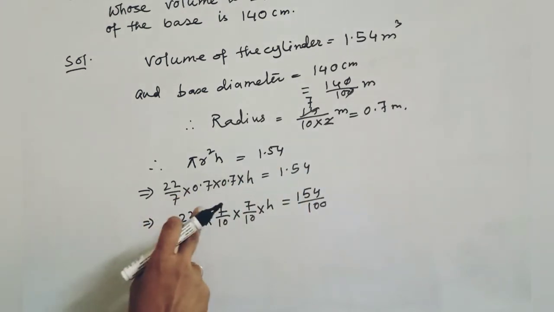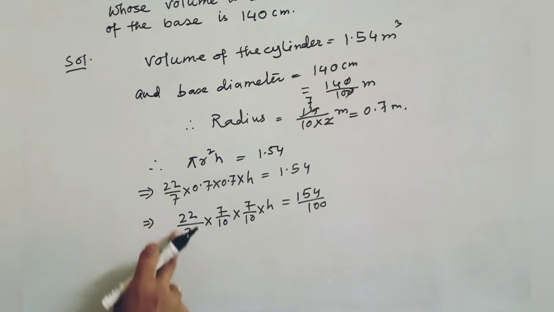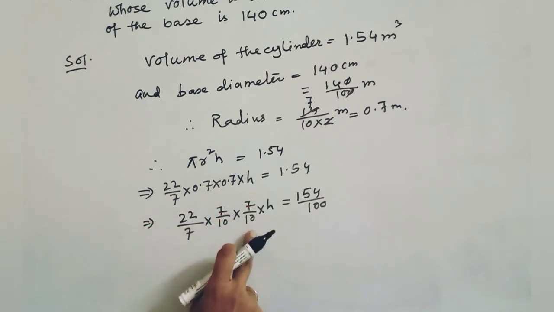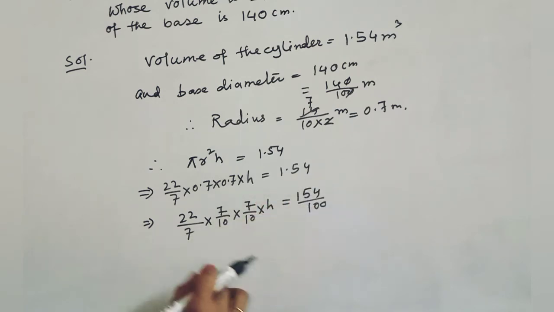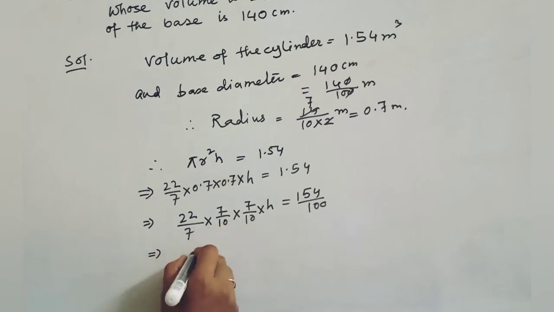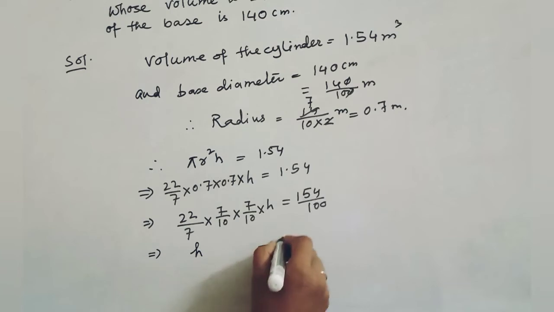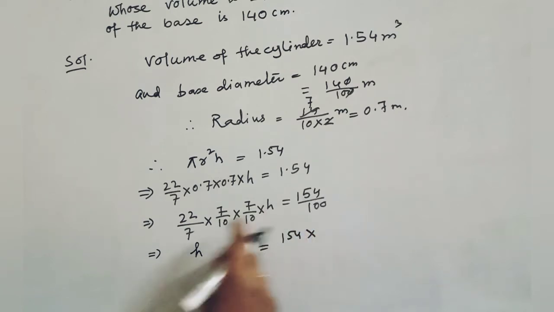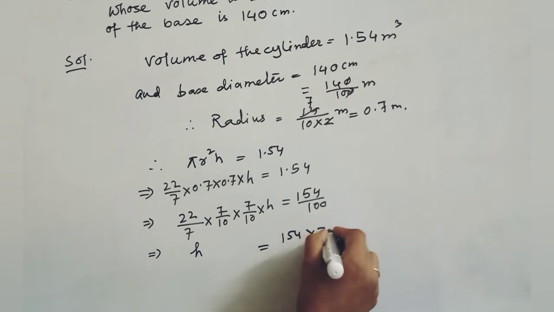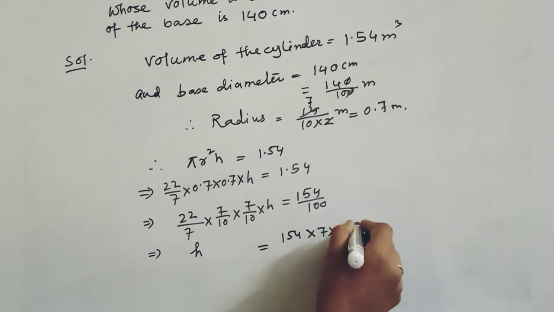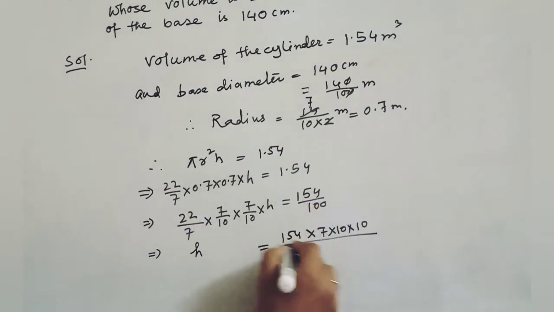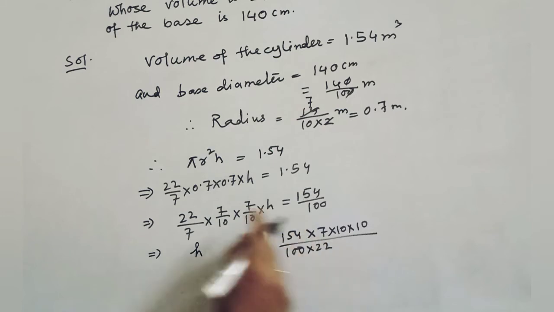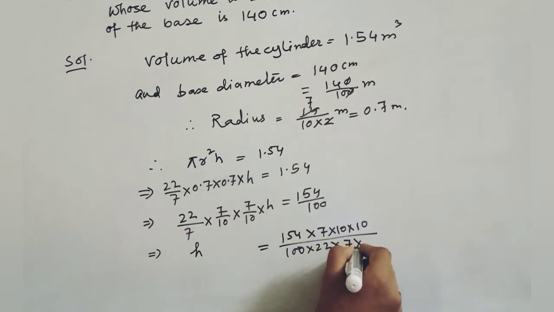Now we are removing all the decimals. 22 by 7, 7 by 10, 7 by 10 into h is equal to 154 by 100, because there are 2 places after the decimal. Now value of h is equal to 154 into 7 into 10 into 10, divided by 100 and 22 and 7 into 7.